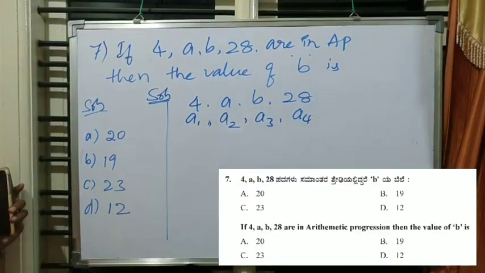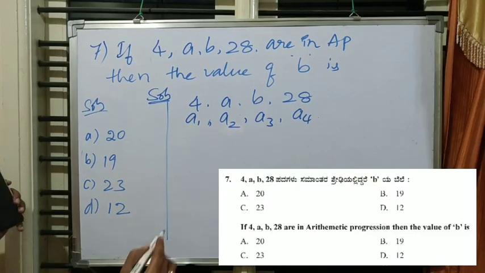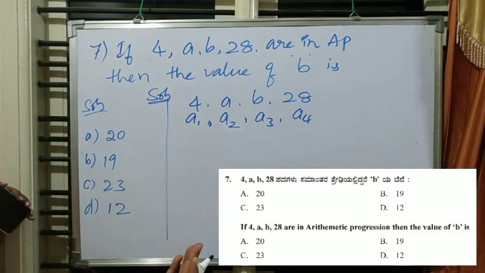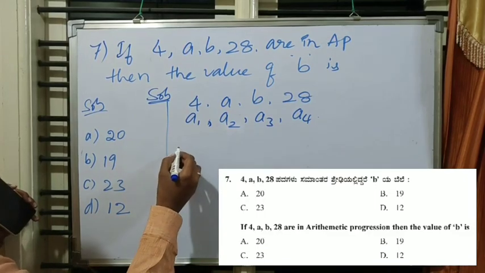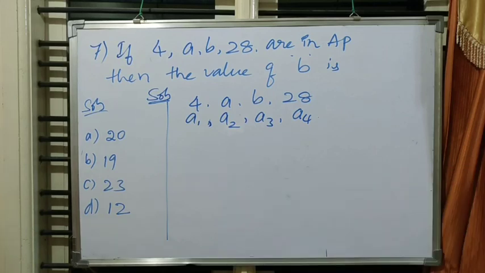We know that in the AP, the common difference D is very important. So how to find the common difference? There are a few formulas. Here I am going to take the case when we know random terms.